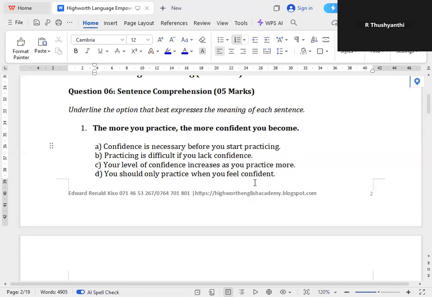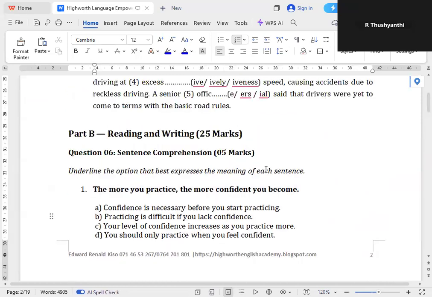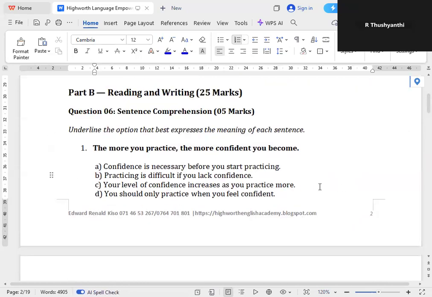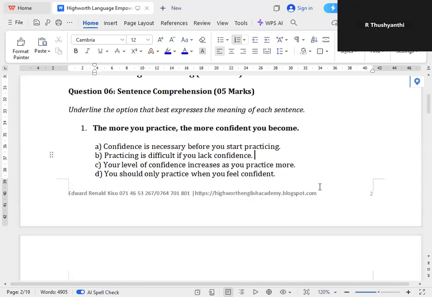Now, from A to D, there are sentences again. One of those sentences must be the correct one. You have to select the correct option which fits the meaning of the first sentence. There are 5 sentences like this, and you can score 5 marks for question number 6.